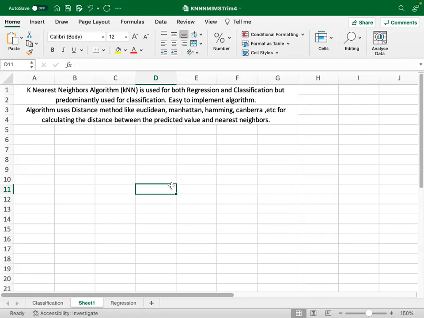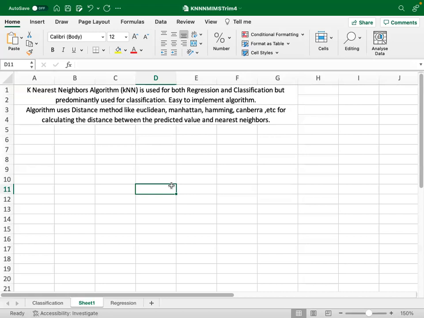Tree-based algorithms, decision tree, random forest, gradient boosting, are based on probability calculations, Gini and entropy calculations. Naive Bayes is a pure Bayesian probability-based calculation. In KNN, we use distance. The distance is the core metric in the KNN algorithm.